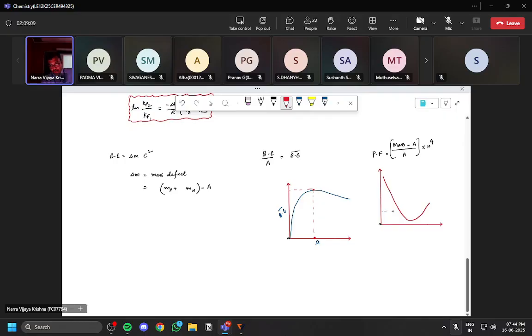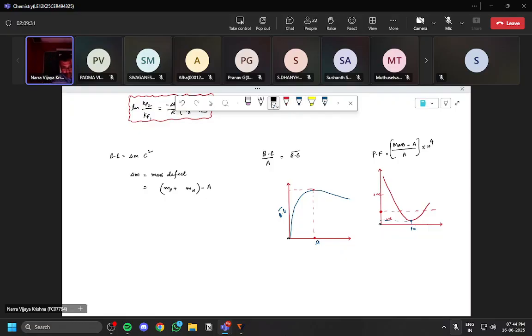For a few values you will get negative, for a few values positive. If this packing fraction is lowest, then it is more stable. You will find packing fraction lowest for iron. So this is binding energy per nucleon and packing fraction.